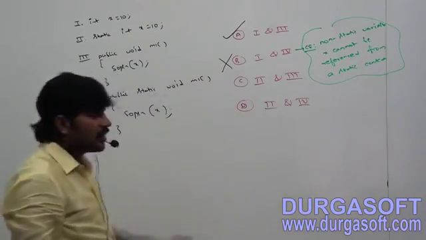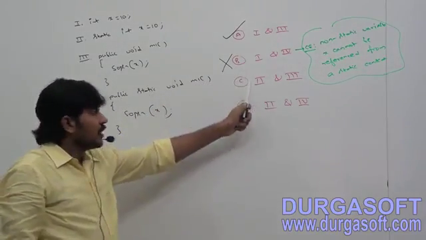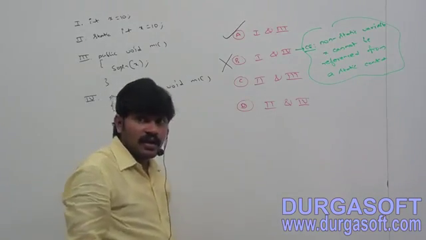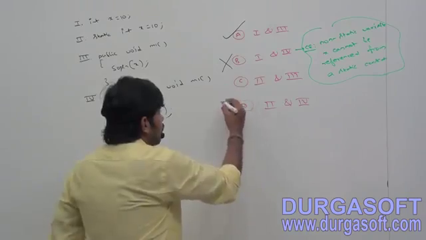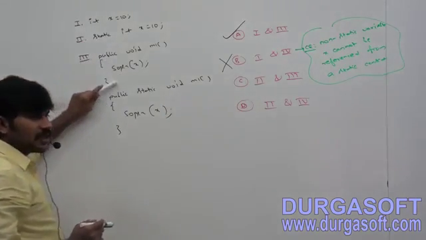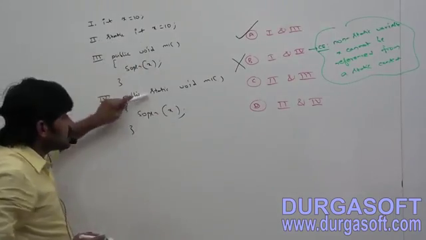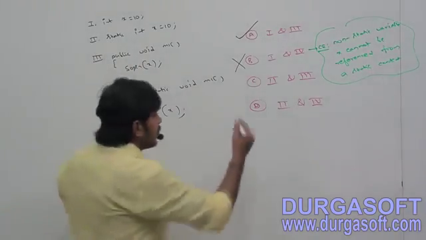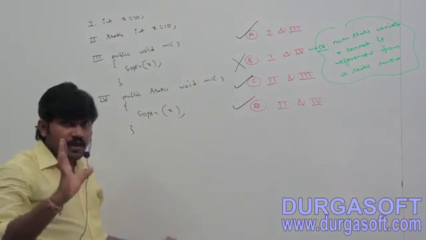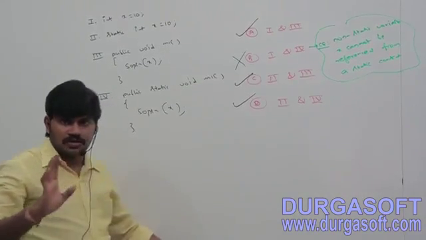Are you getting it? The second one itself is invalid. Next, 2 and 3, valid or invalid? Yes, perfectly valid, because static variable, instance area; static variable, static area. That's why it is valid, right? Is any explanation required? Maybe there is a chance to ask this type of question in the exam also.